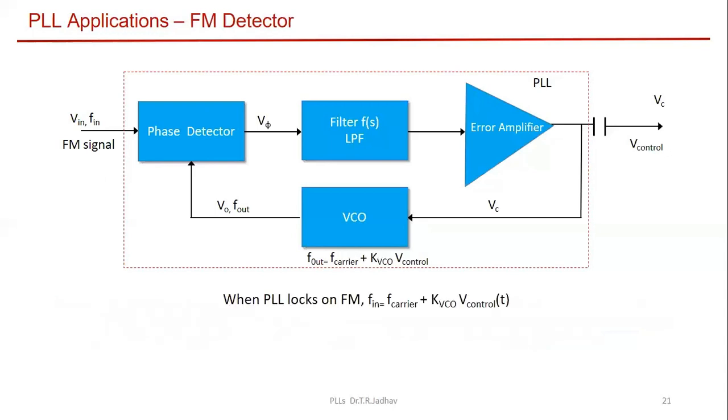So let us understand this through these quick equations. So this is how we express FM signal. Let us consider this Fin as a FM signal, which is carrier plus VCO into control voltage. So we change the carrier frequency according to the modulating signal.